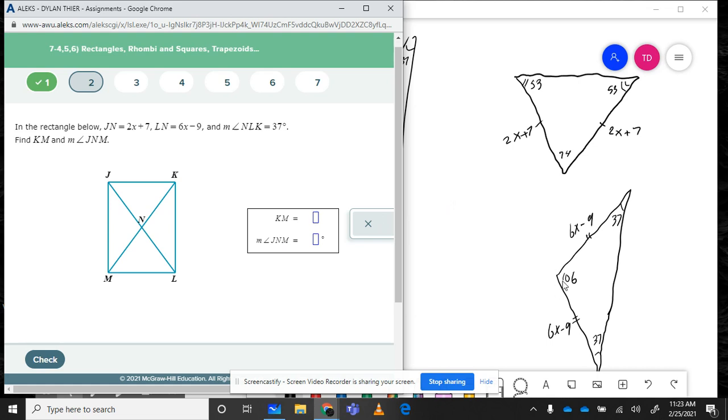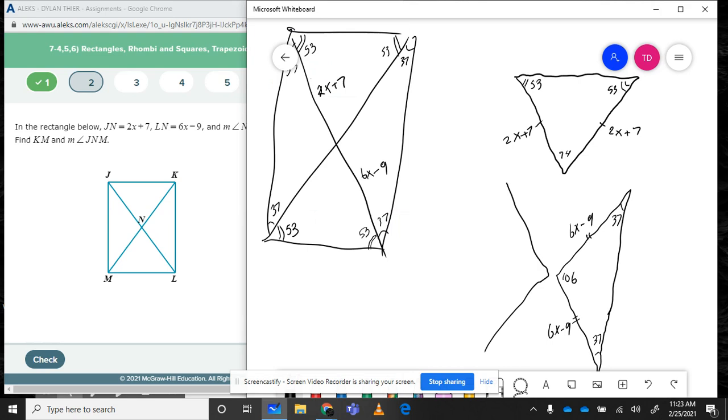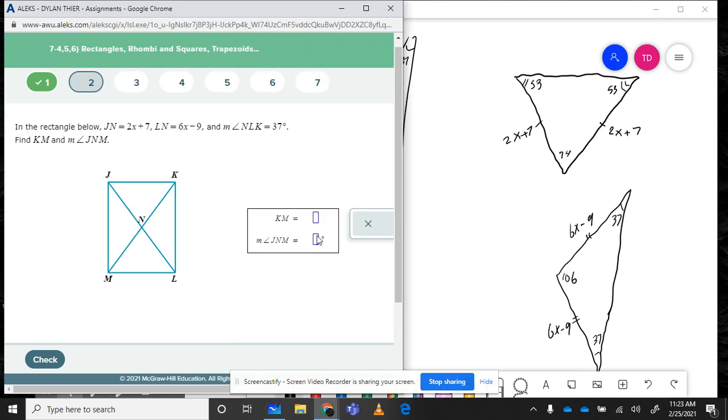Well, that one's already figured out. That's like this piece. It's just on the opposite side, right? But that should be the same. Should also be 106. So just trying to think about how do we get KM? How do we get that whole length?